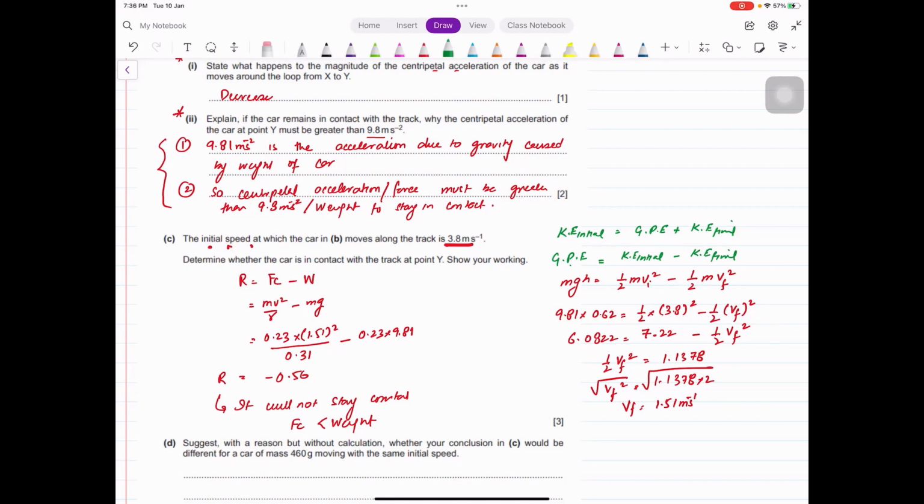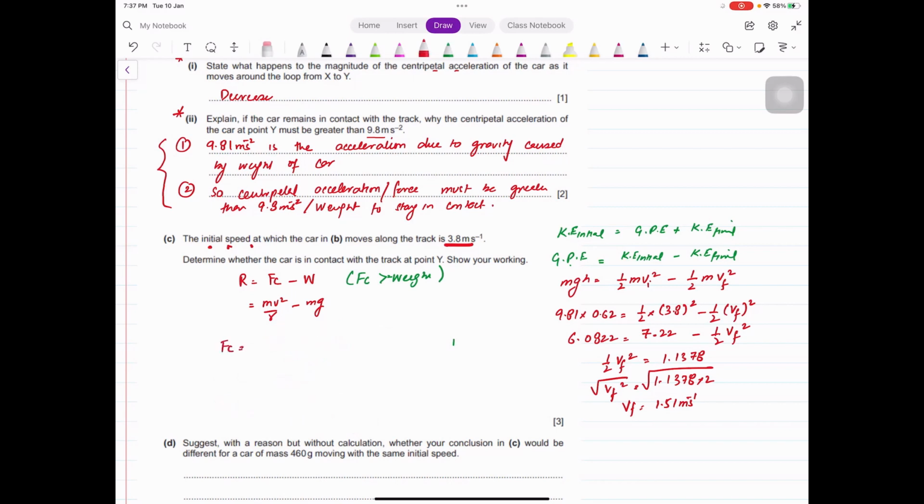Because you need to understand that for something to stay in contact, Fc, the centripetal force, must be greater than the weight, or at least equal. Do you understand? Right now, if you look at this, if I do it separately, you see this part of the equation, which is Fc.